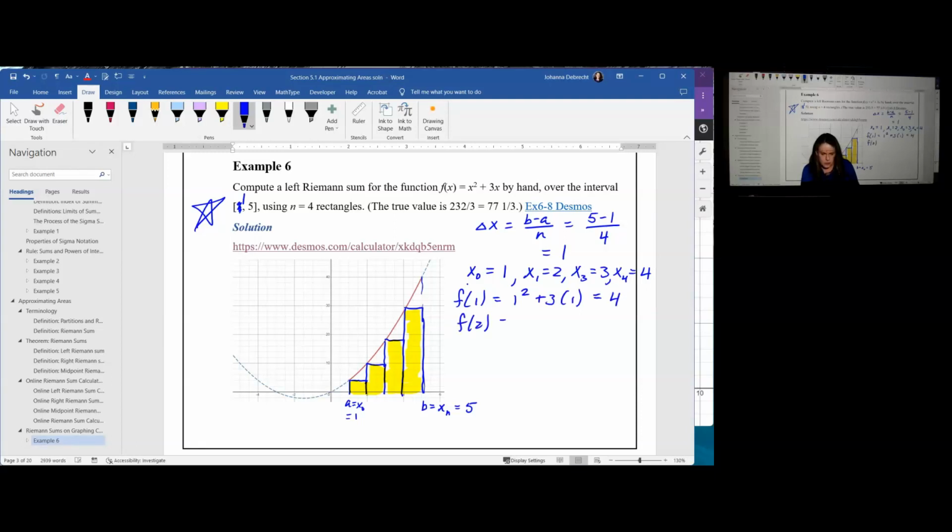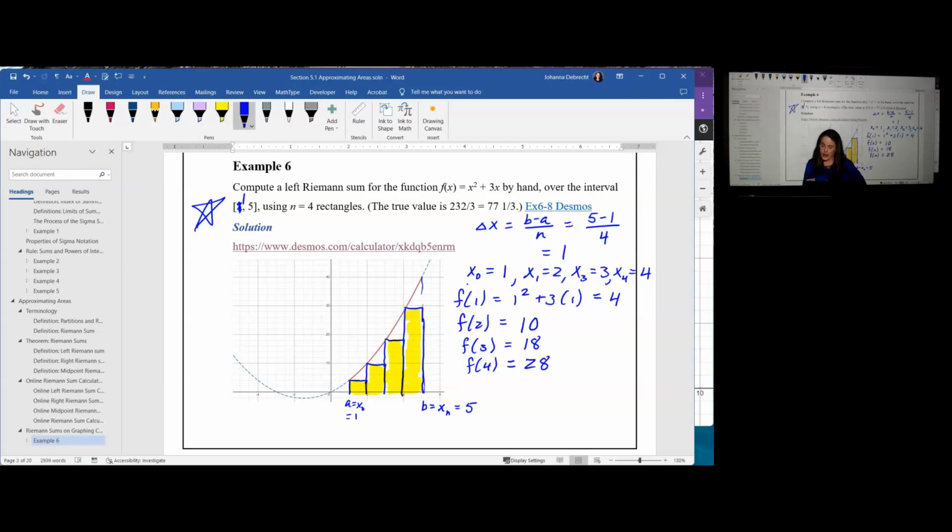F of 2 gives me 10. F of 3 gives me 18. And f of 4 gives me 28.